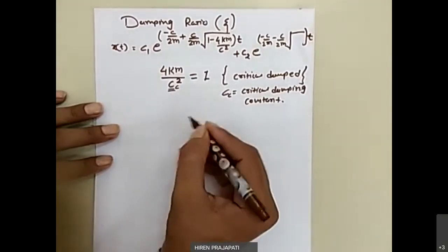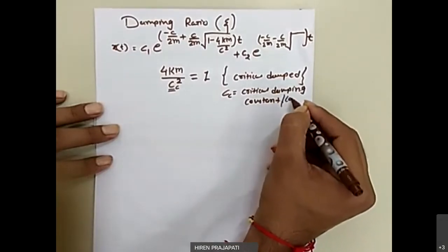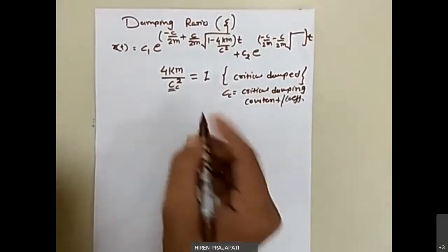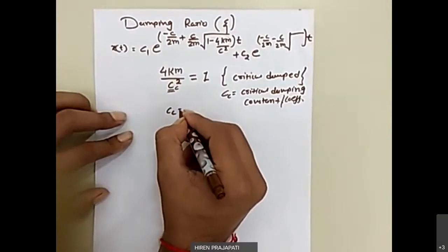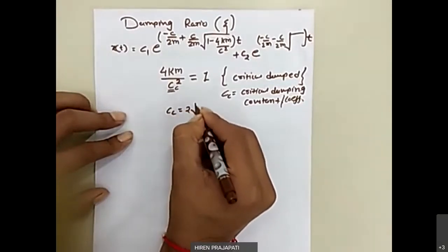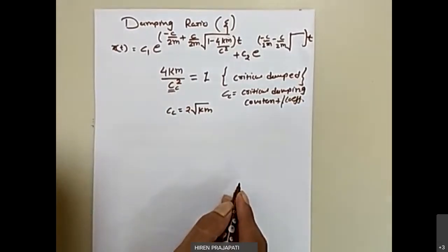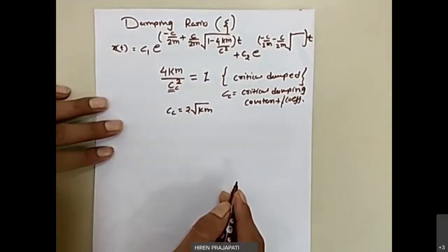Or critical damping constant or coefficient, both are the same. So what we can say, if we go for cross multiplication, then Cc is equal to 2 square root km. This is what we can write, for our spring mass system which we have assumed.